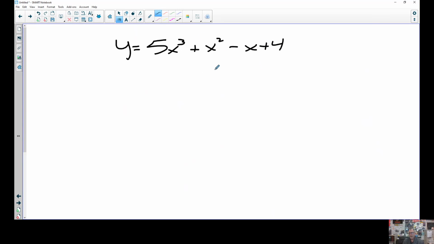You guys know what that looks like? I don't. So if I don't know, I'm going to go to my calculator. I'm going to go to my y equals. I'm going to clear it out. And I'm going to put this in here. 5x raised to the third plus x squared. Where's my squared key? There it is. Minus x plus 4.